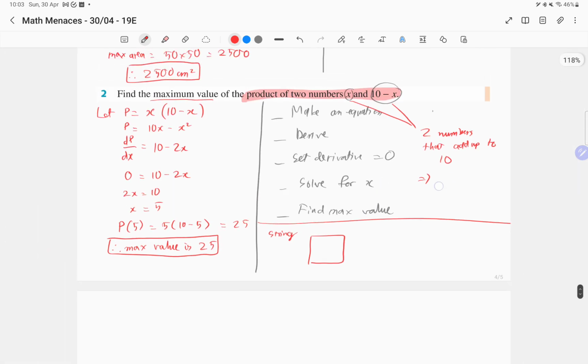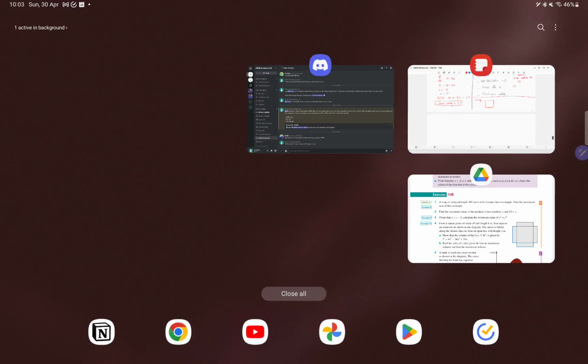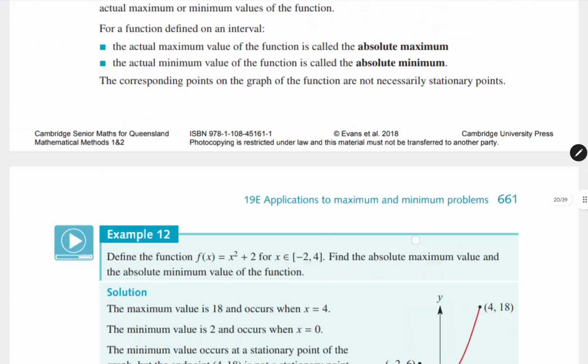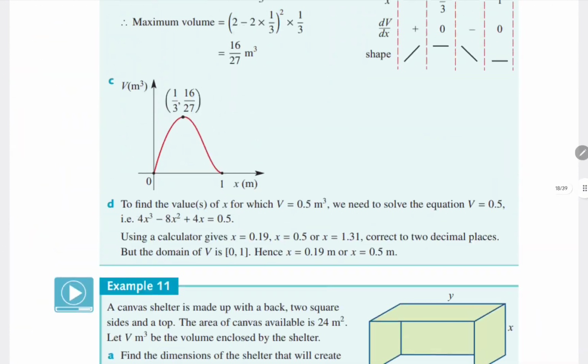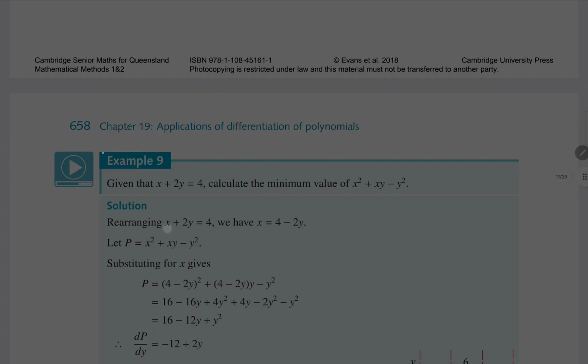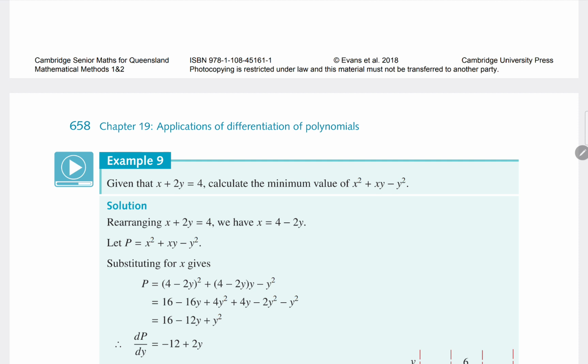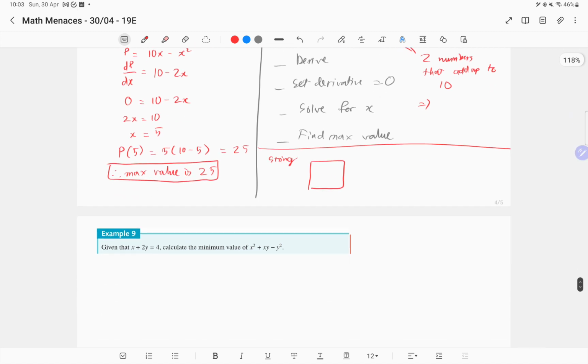Okay, so moving on, let's try the next example. So we're doing example 9. Now this example is a bit different, so pay attention. You may very well get the exact example of something very similar in the exam, because when you see this question in the exam context, people freak out.